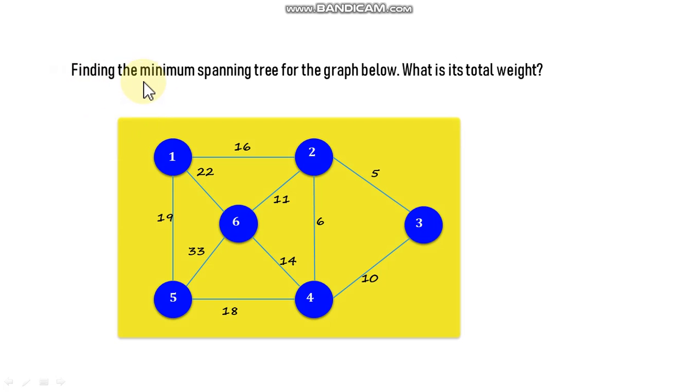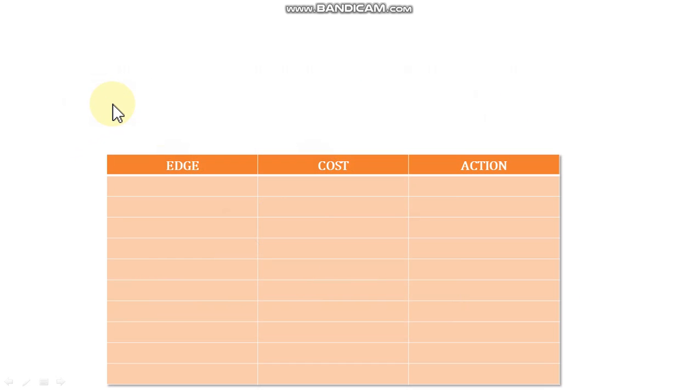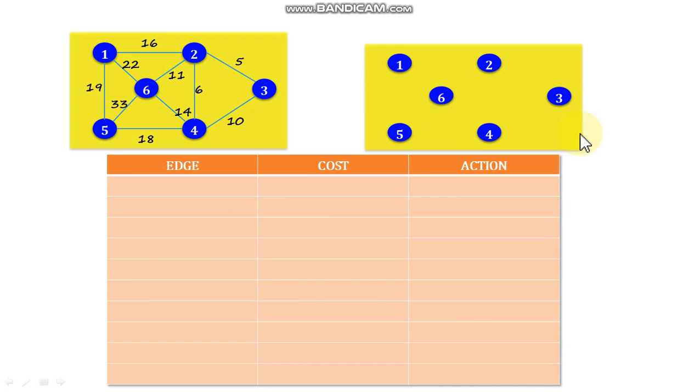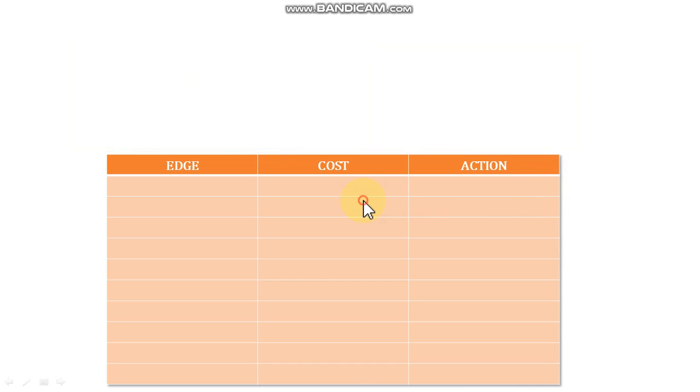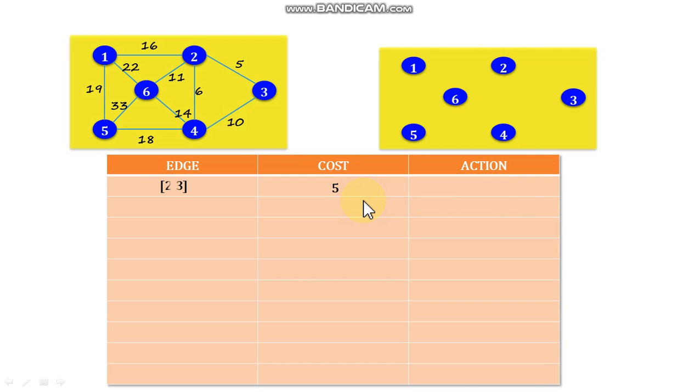Let us calculate the minimum cost spanning tree using this example graph, finding the minimum cost spanning tree and the total weight. See here, I am choosing the smallest weight among the weights. 5 is the smallest weight. I am choosing the corresponding edge 2 to 3 and drawing a line between 2 and 3.